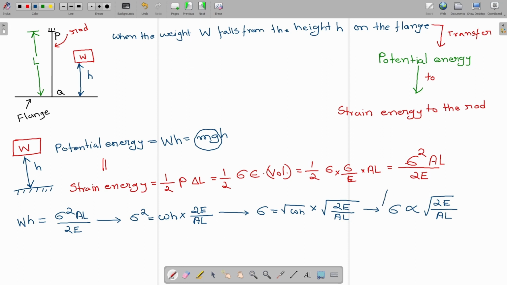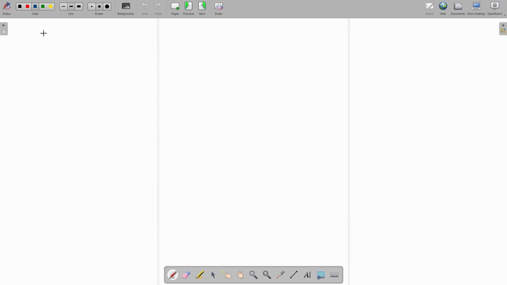Now, from this equation, we can see that to decrease the stress, we need to decrease the Young's modulus, as sigma is directly proportional to root over of E. Let me write the formula first here.